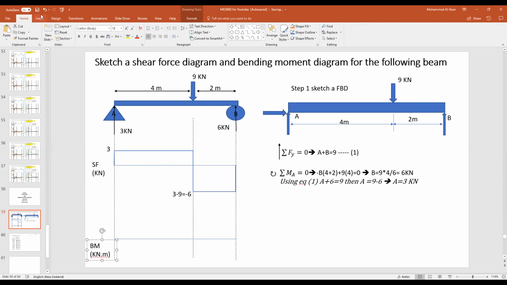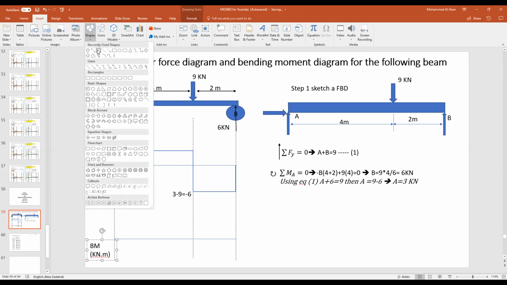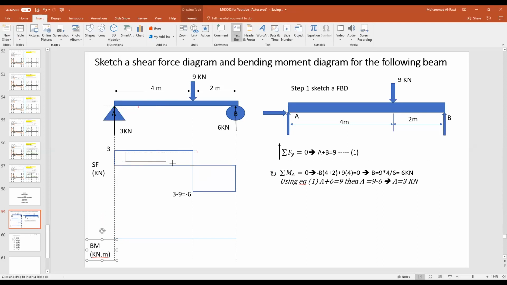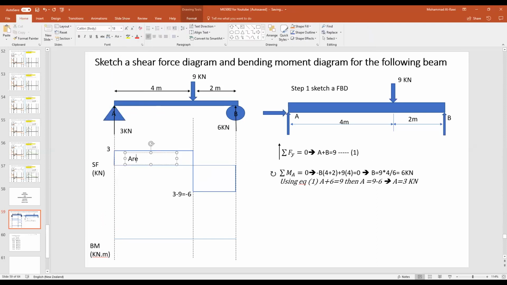So the way we learned it is to work by area. So right here, from the shear force, write the area for this one. So what's the area for this one? You have height equal to 3 times distance. Distance from here to this point is about 4 meters. And that will be equal to, if you try to calculate it, 12.